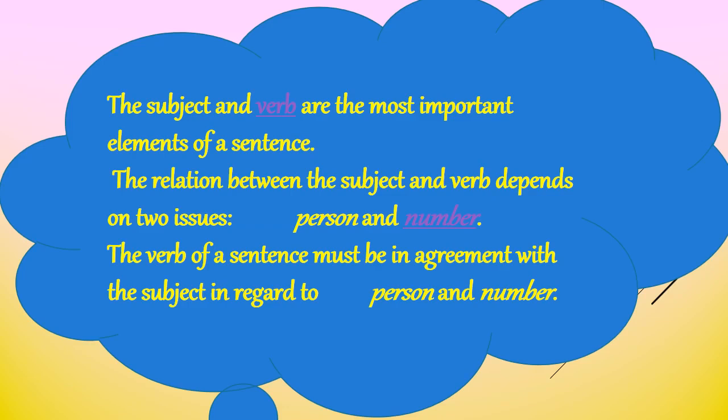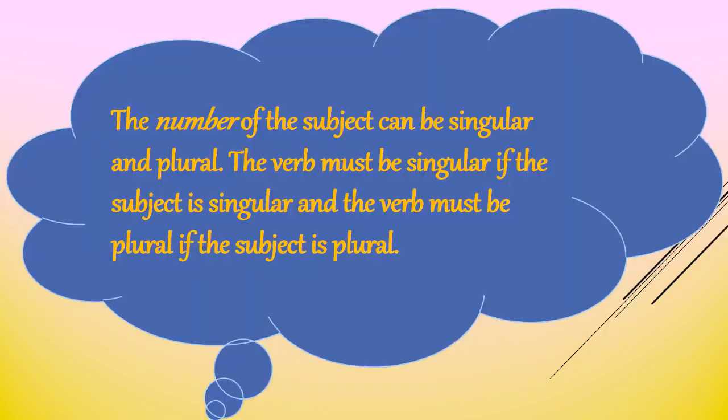They must agree with each other. The number of the subject can be singular or plural. The verb must be singular if the subject is singular, and the verb must be plural if the subject is plural.